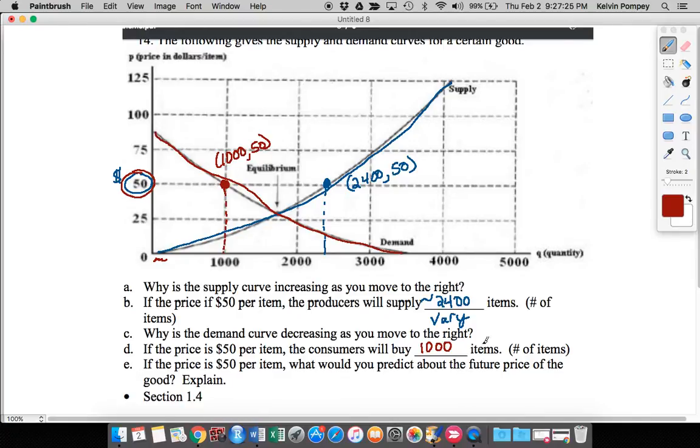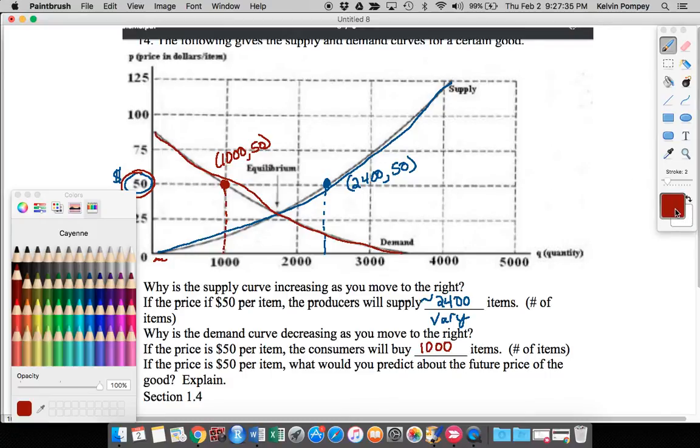All right. Part E, it says if the price is $50 per item, what would you predict about the future price of the good? Explain your answer. Well, marked in the graph, even if this was not marked in the graph, we would be able to figure this out. This point right here where supply equals demand, that is our equilibrium, and we always know that our market wants to settle at equilibrium.